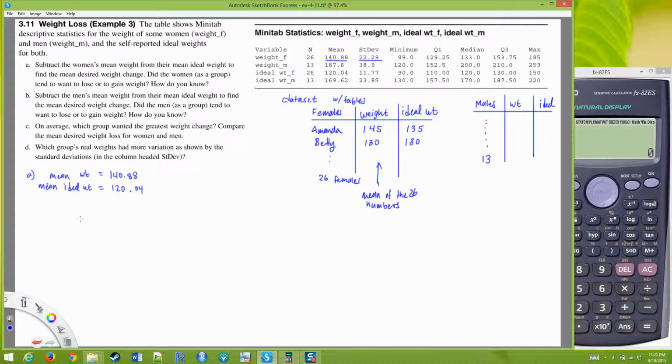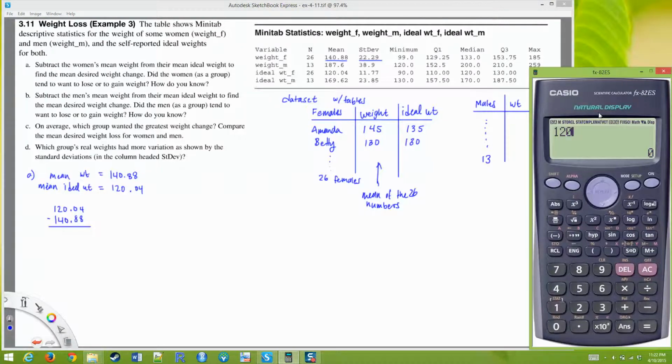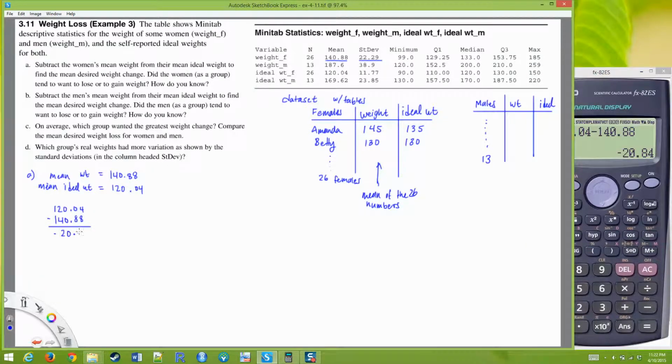It says subtract the mean weight from the ideal weight, so we would do 120.04 minus 140.88, and we're getting negative 20.84. So this means that on average they desire to lose 20.84.